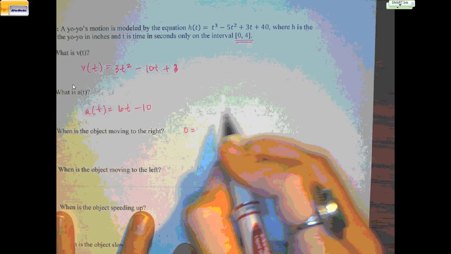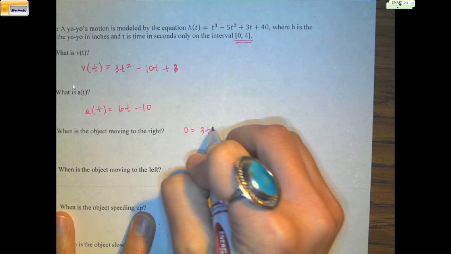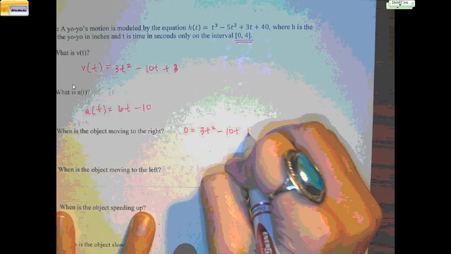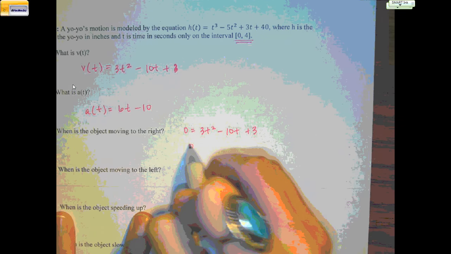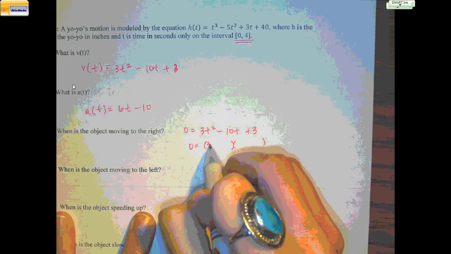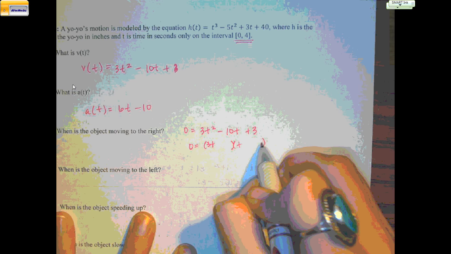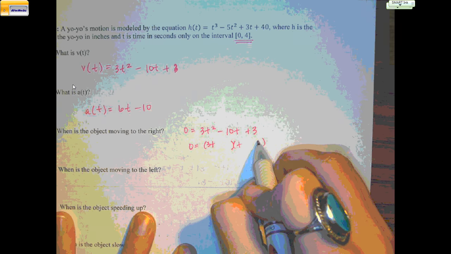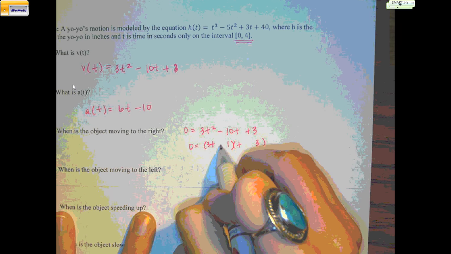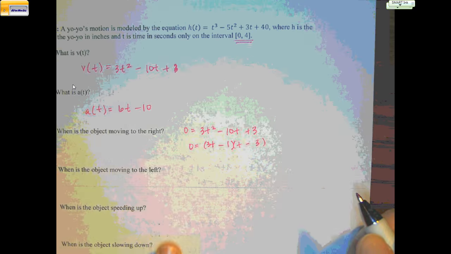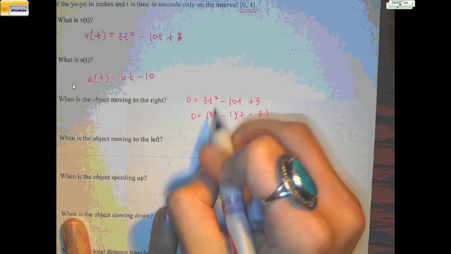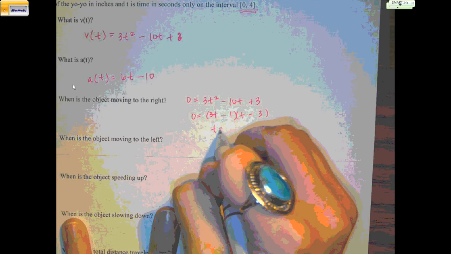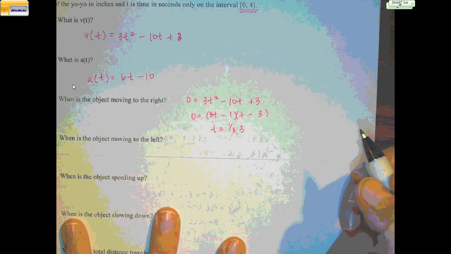So I have 0 equals 3t squared minus 10t plus 3. That should be factorable, I'm hoping. Those are both negative, it does it. So I wind up with t is 1/3 and 3.